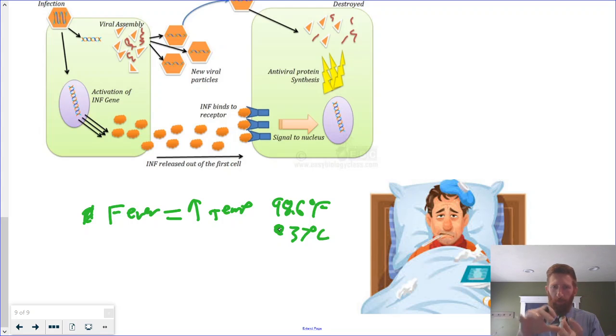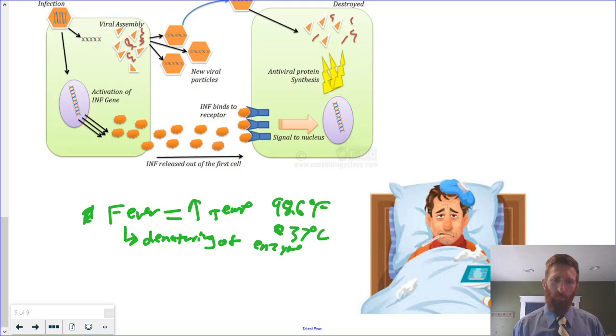Remember there's that specific 3D shape, and if you increase temperature or change acid-base or even the salt level, they totally get discombobulated and denatured. So a fever leads to denaturing of enzymes, right? And the hope is that the bacterial enzymes get denatured first, and then our enzymes will stay intact long enough to kill all the bacteria, and then we can go back down to normal, right?